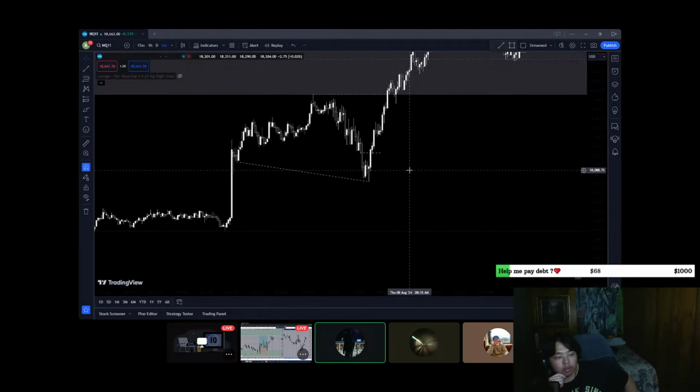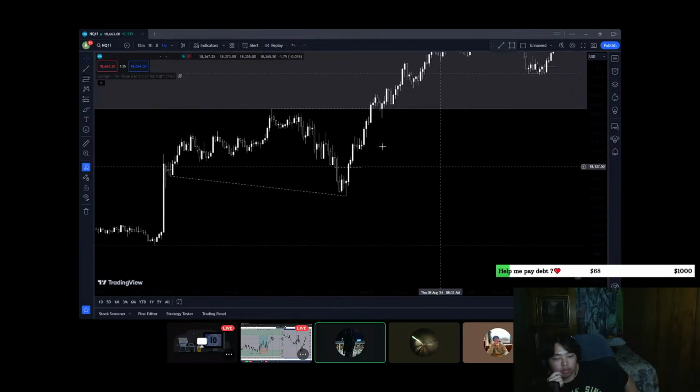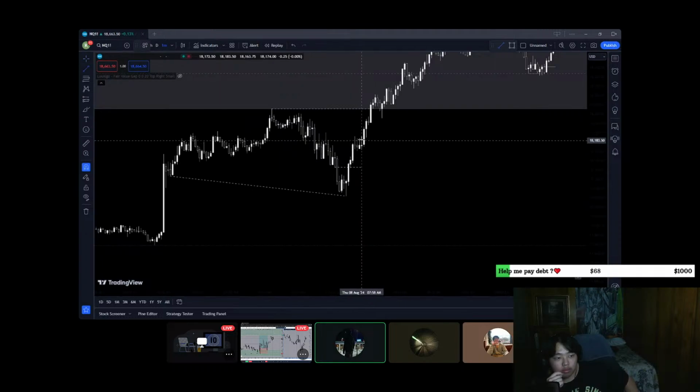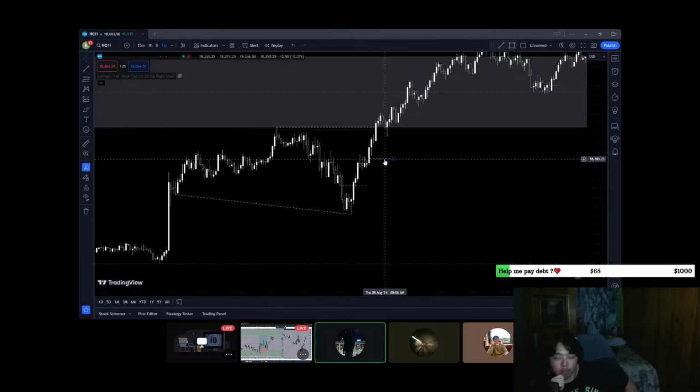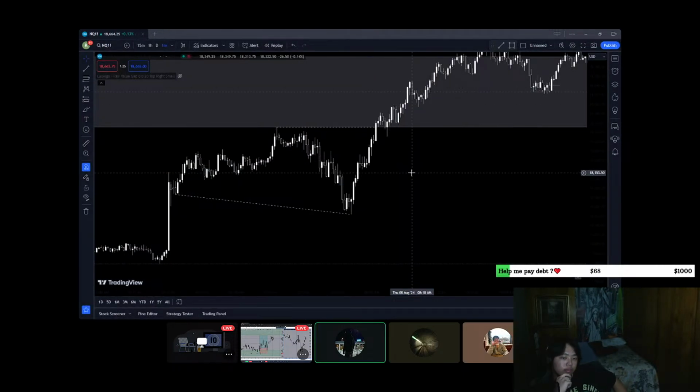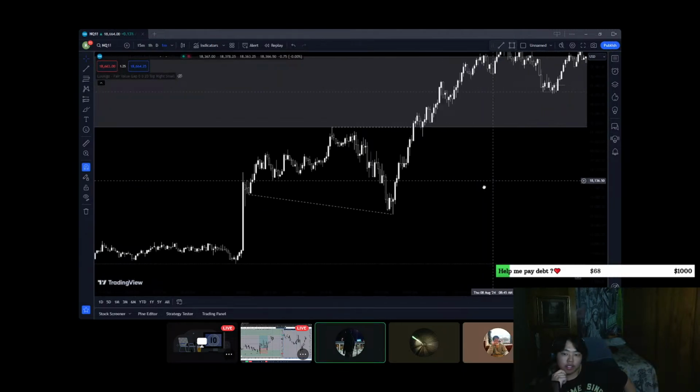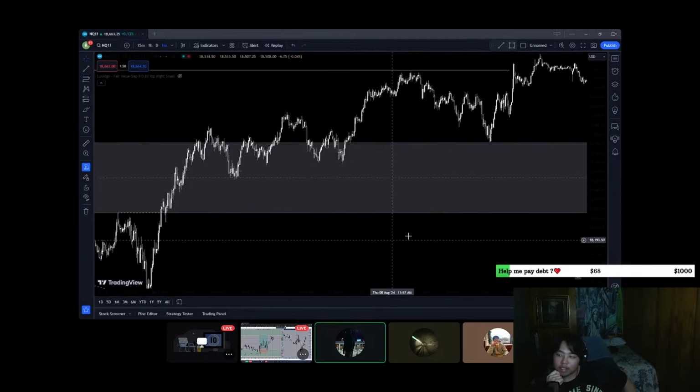So if price is going to your TP and you're like, all right, cool, if we inverse this fair value gap, I think it's all right. But there should be no reason for price to go lower. So I feel like it's too big of a stop loss, and it makes your RR kind of off.